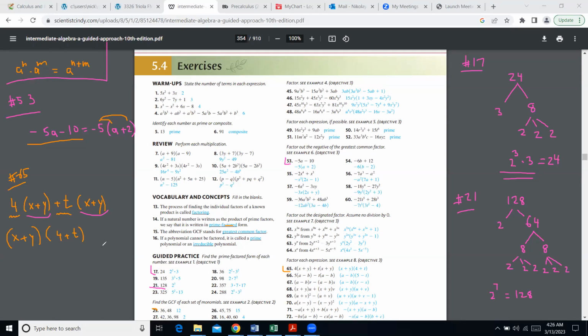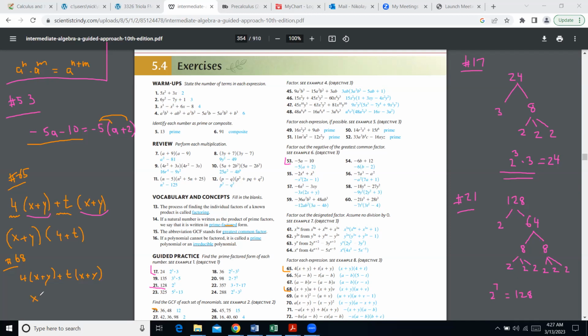Let me do it once again, like in exercise number 68 here. In exercise number 68, we have to factor 4 times x plus y in the parentheses. And also there's a positive t multiplied by x plus y, also inside the parentheses. So it looks like the same x plus y is what I'm going to take out, right?